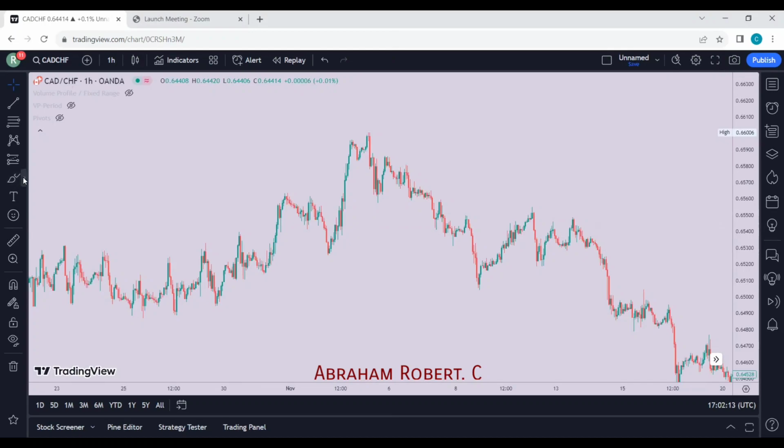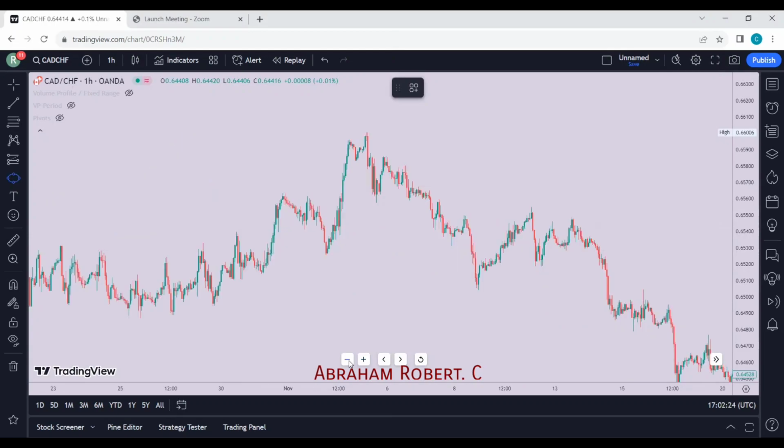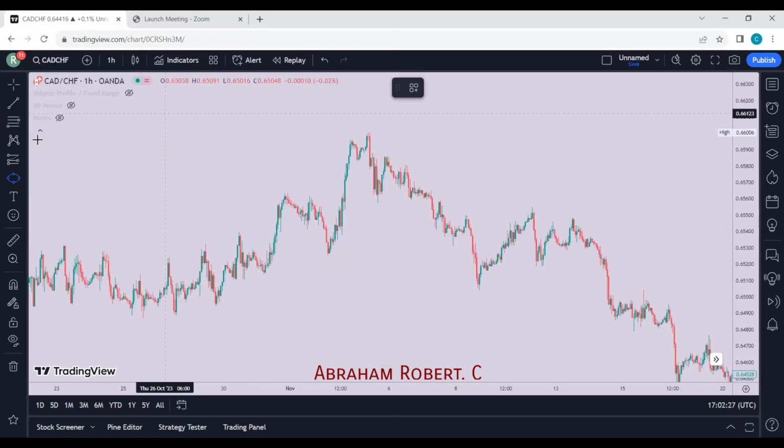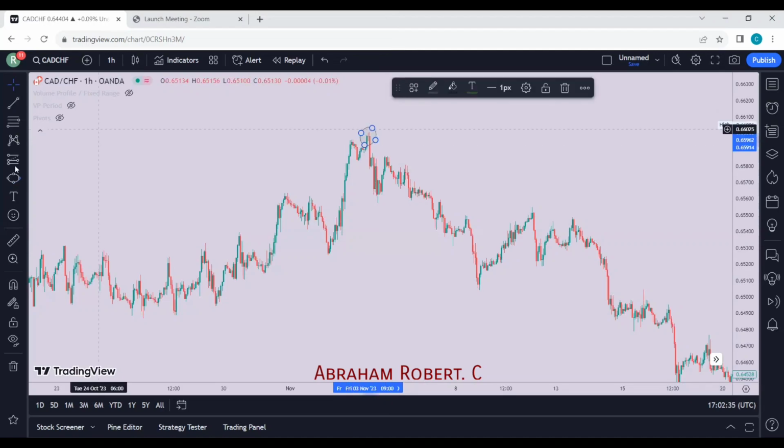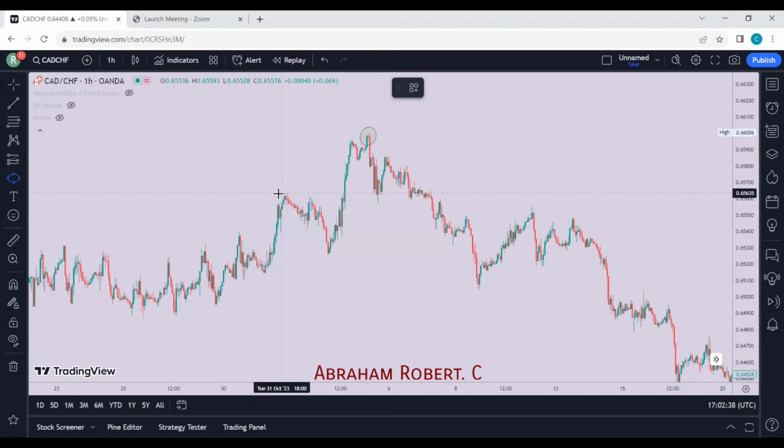What I mean by that is you zoom in, then you identify at least 3 price action points where the market did some kind of reaction. You identify those points.